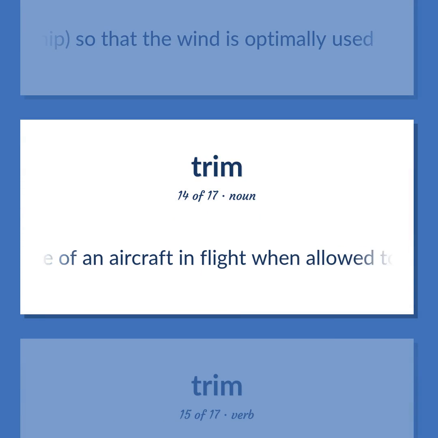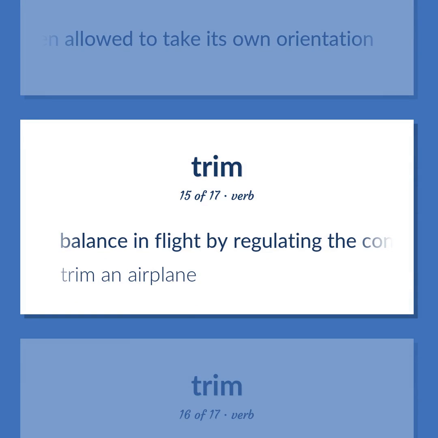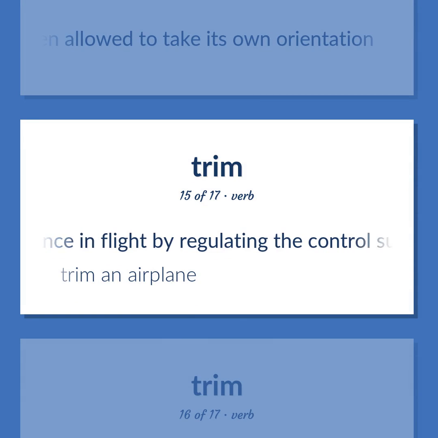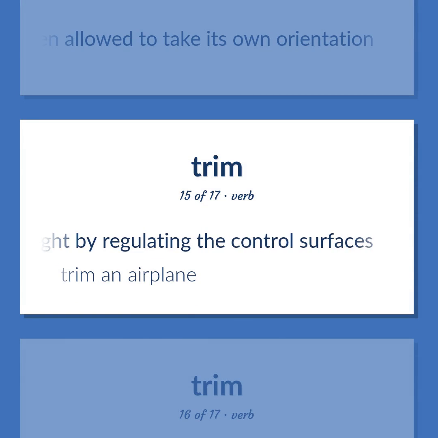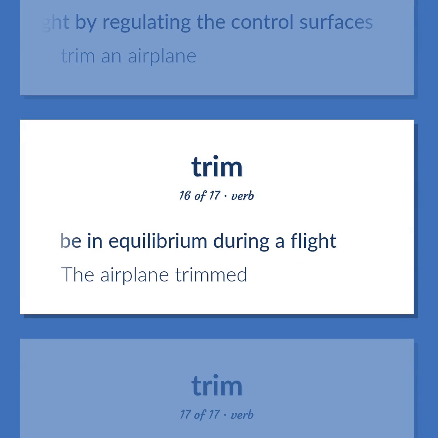Attitude of an aircraft in flight when allowed to take its own orientation. Balance in flight by regulating the control surfaces. Trim an airplane. Be in equilibrium during a flight. The airplane trimmed.